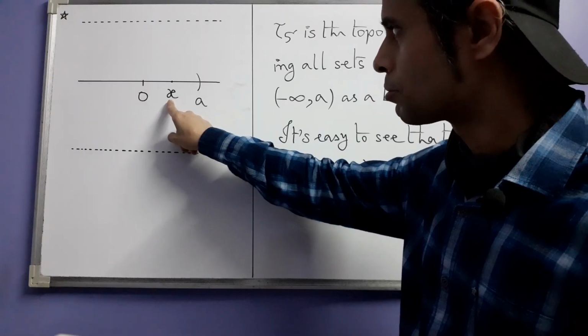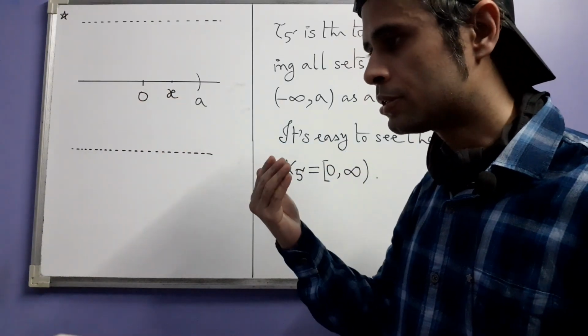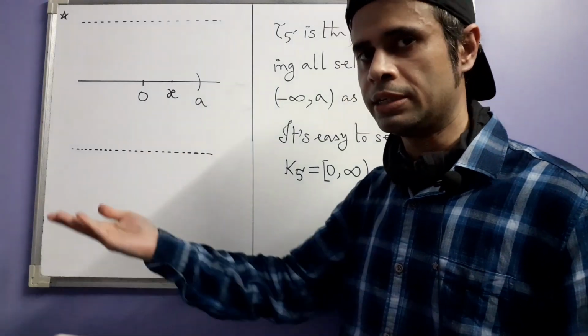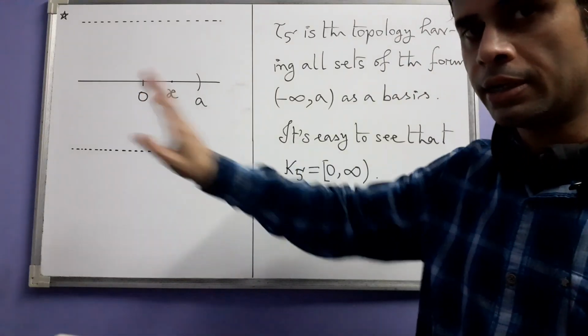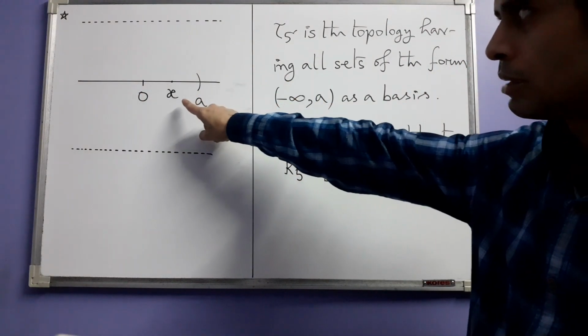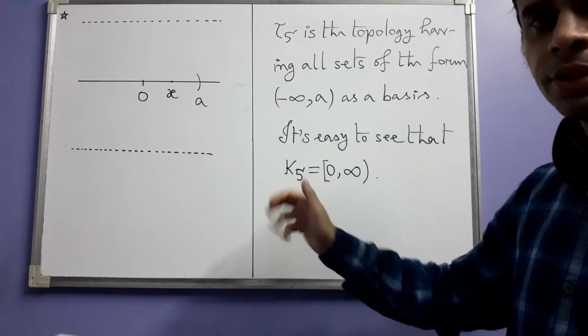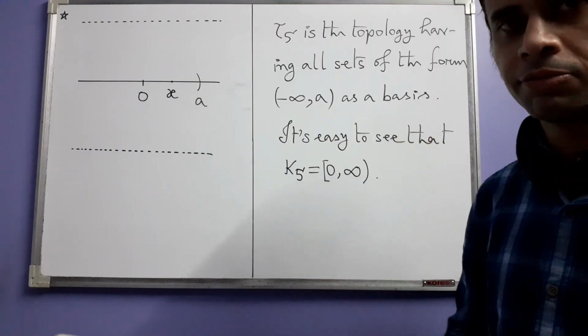This means that no matter how close you take your x to this 0, still you will continue to find reciprocals which are closer to 0 than x is. That is why such a point x will belong to K5. That means all positive real numbers will belong to K5.